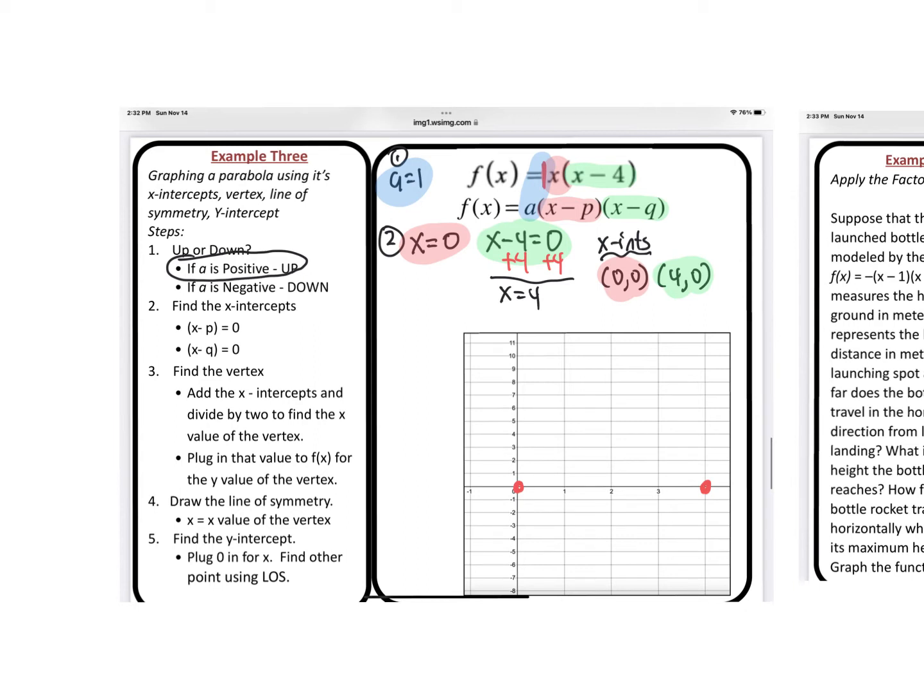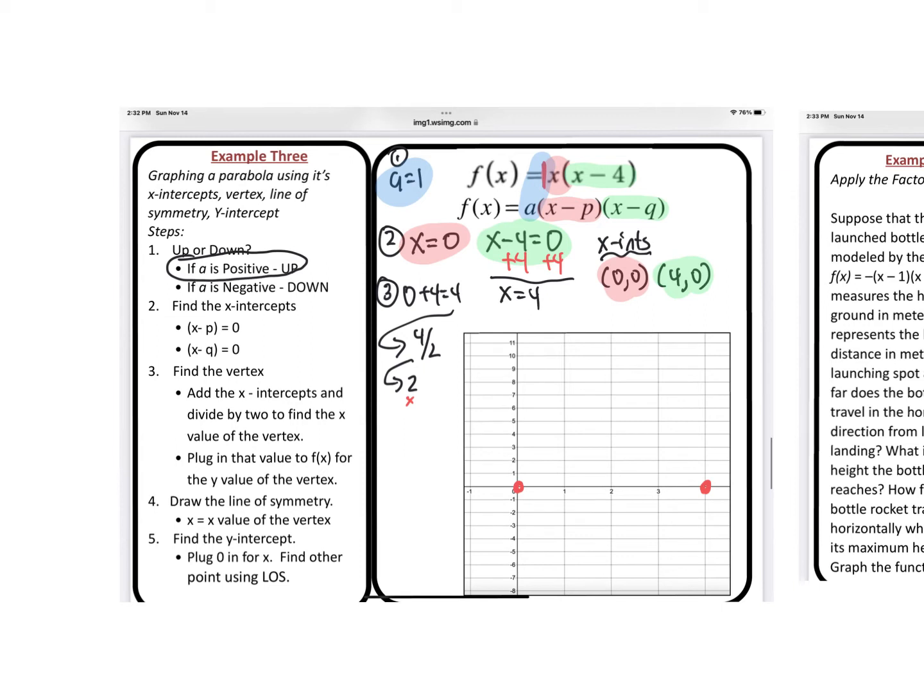We add the x-intercepts: 0 plus 4 is 4, and then we divide that by 2, and that ends up being 2 as the x value of our vertex.